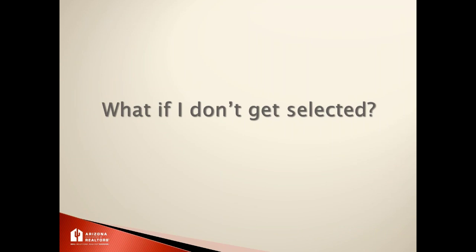All right, so what if I don't get selected this time around? I had my 5 endorsements, I completed my application on time, I did everything I was supposed to do, but somebody else took my spot. What do I do next? Well, the first thing I would say is don't get remorseful about it. You learned a lot in the process.